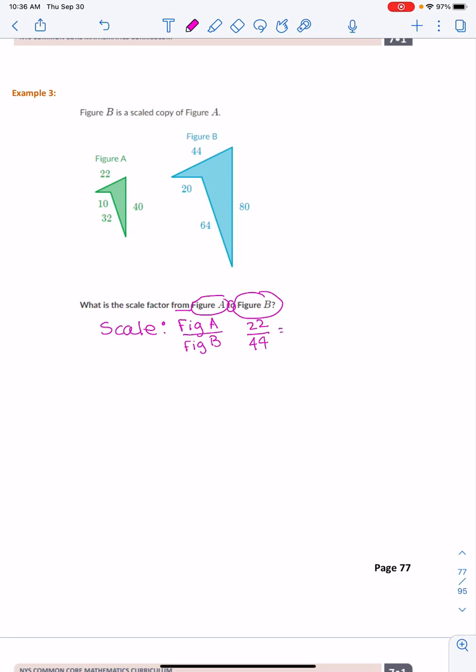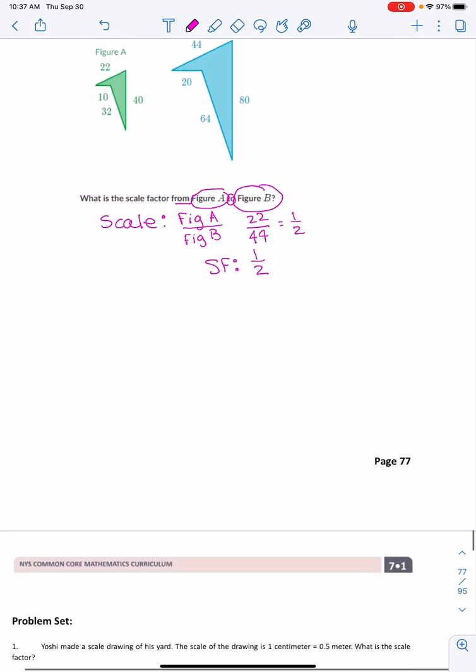So when I simplify that, we have 1/2. So our scale factor is 1/2. And that ends our lesson.